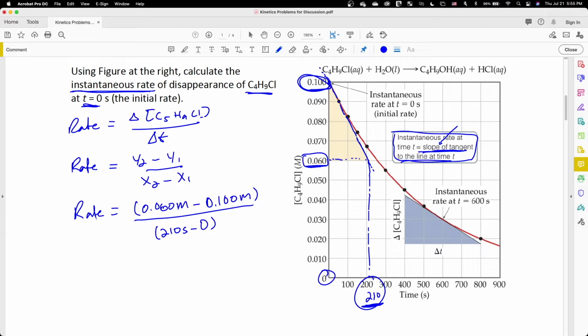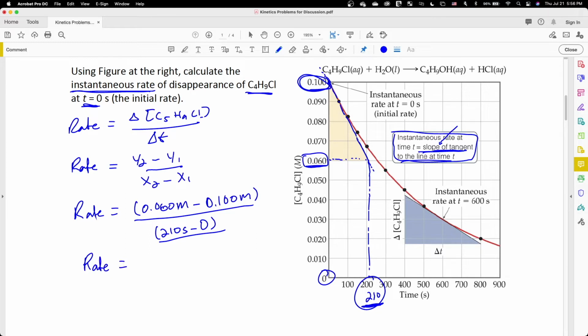So all you have to do is subtract 0.060 minus 0.100 and divide that by 210. So you get the rate.